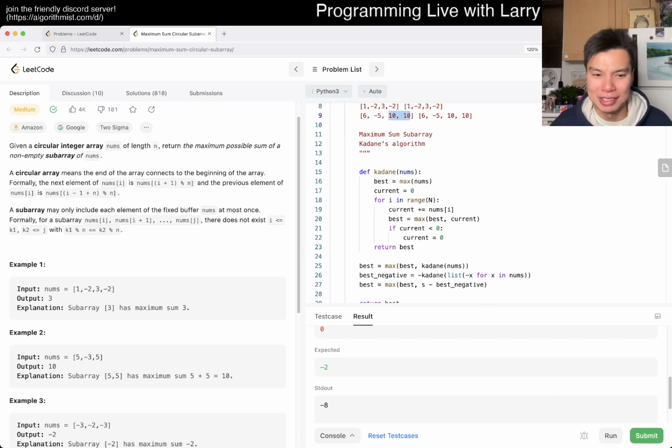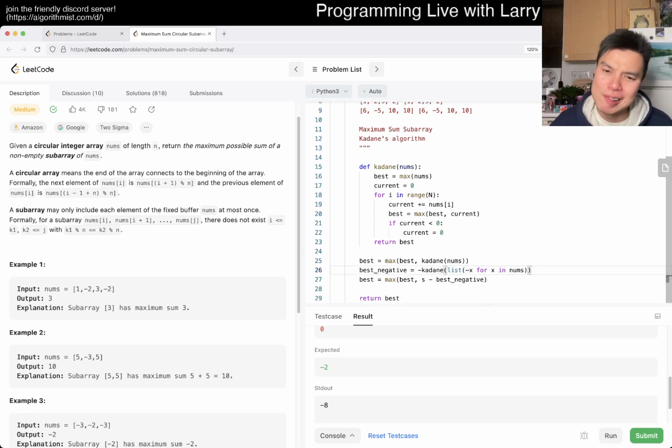I don't know. Maybe it's too late to do it. Maybe not, but how do I make sure that this uses at least one number? Because basically it just tries to take everything on the negative side.